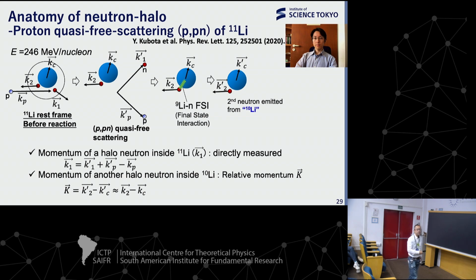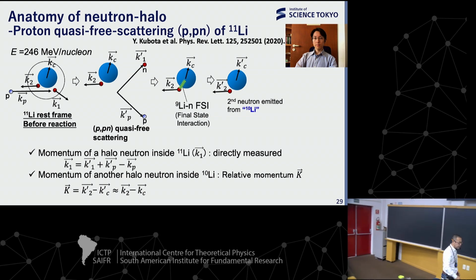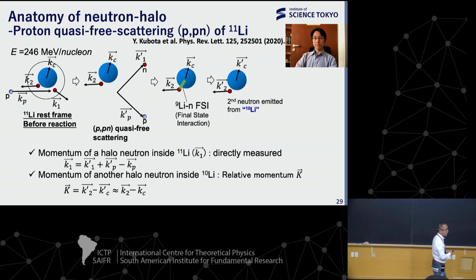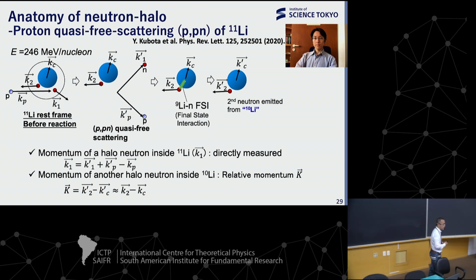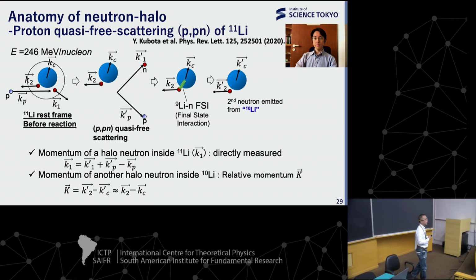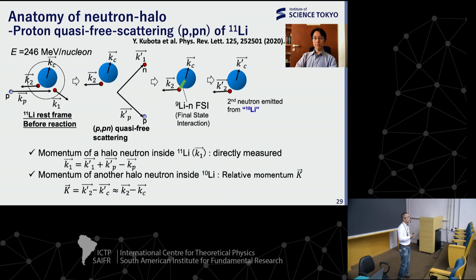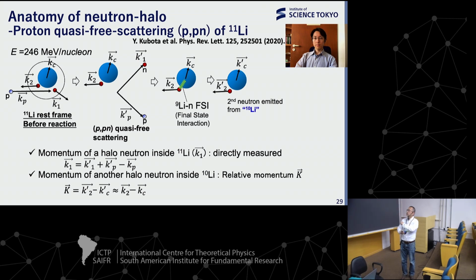I understand that you have now the relative energy between lithium-9 and whatever. Do you have events where you have low relative energy between two neutrons and lithium-9? I mean the open quantum system, but with low relative energy of the three. In this case, we actually measure the ground state of lithium-11.